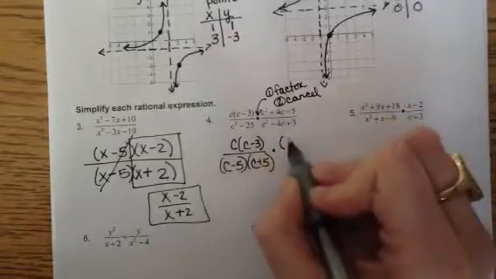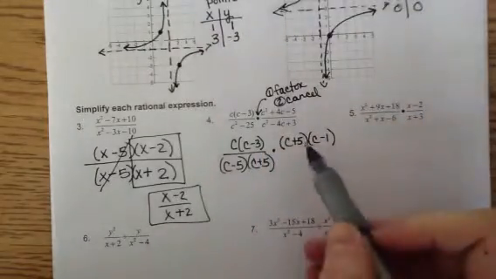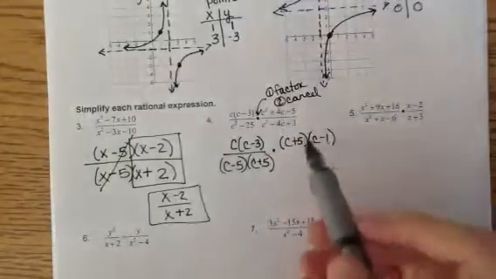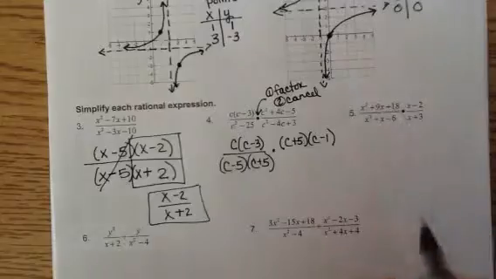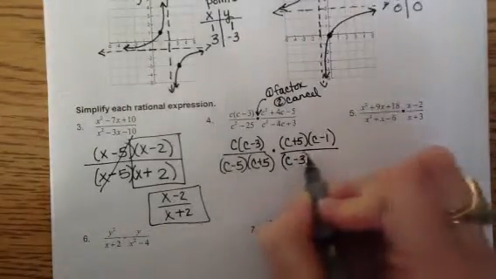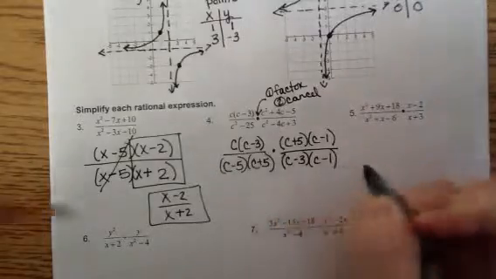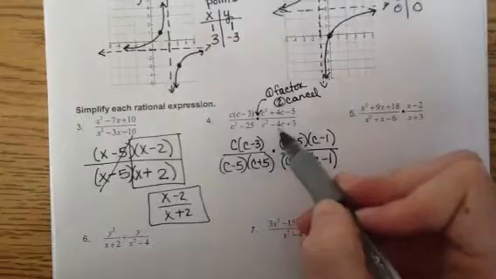The second numerator is c plus 5, c minus 1. When you multiply, it gives you a negative 5. When you combine them, you get a positive 4c. The denominator, c minus 3, c minus 1. That multiplies to be a positive 3, but when you combine them, you get the negative 4.